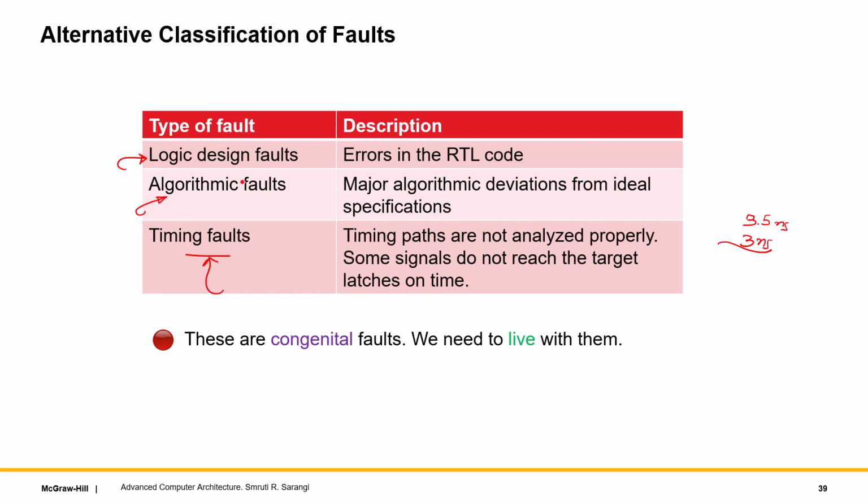All of these faults, which are all there at design time, are congenital faults at birth time. So you can live with them if you wish, but then of course you'll have a buggy processor. Whether you need to live with them depends on whether you could do something to circumvent it. In a lot of cases, you can have some OS or compiler fix, like turning off DVFS, for instance, if that helps.